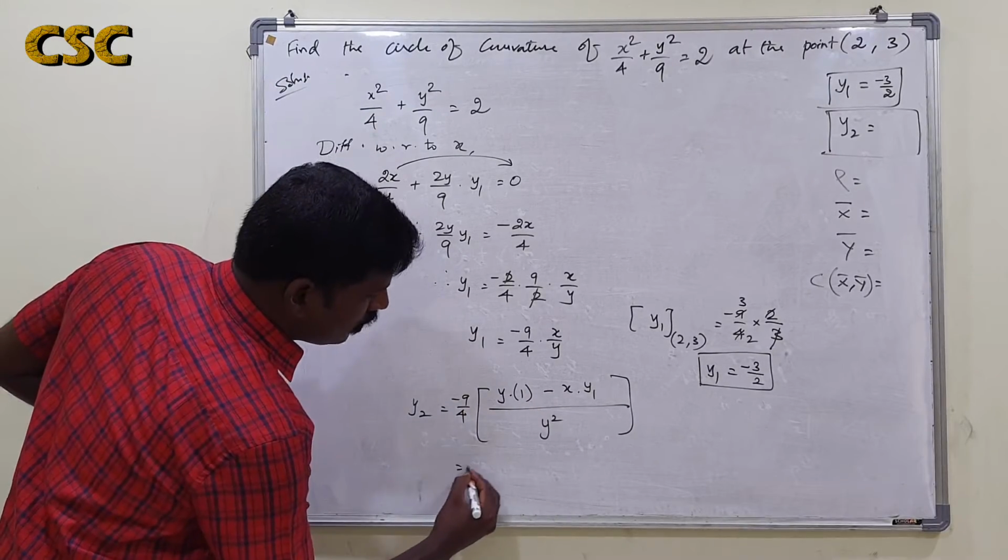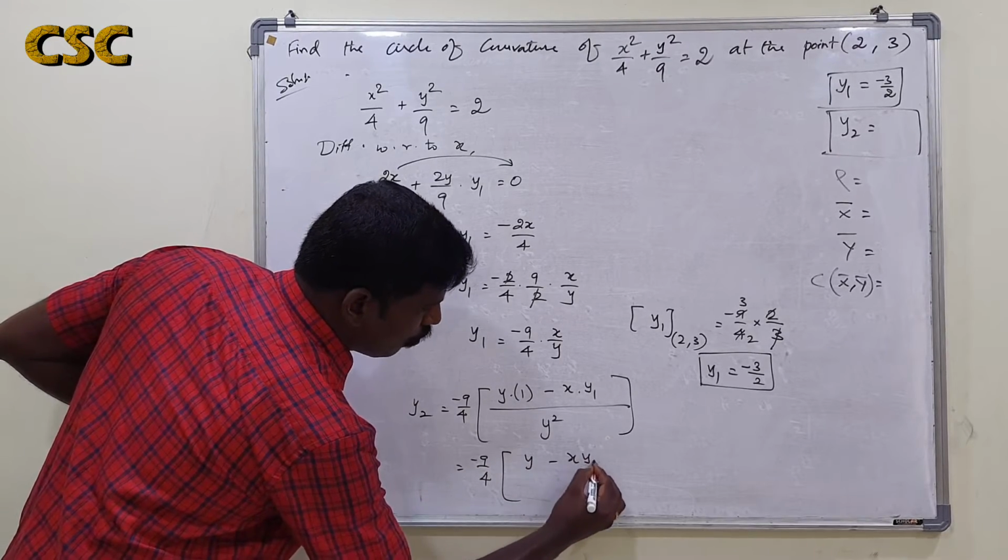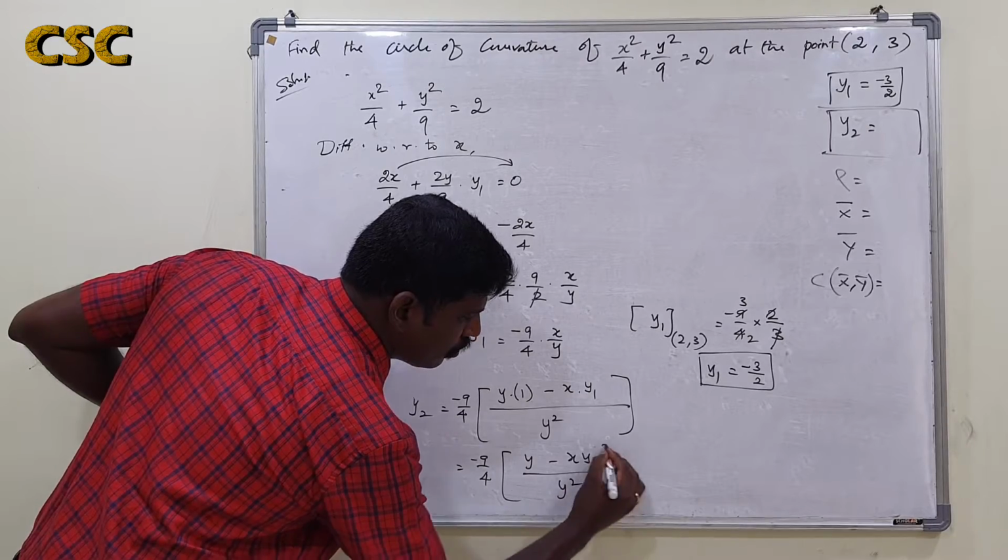That is minus 9 by 4 into y minus x y1 by y square.